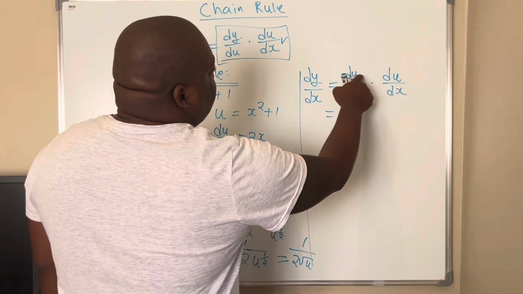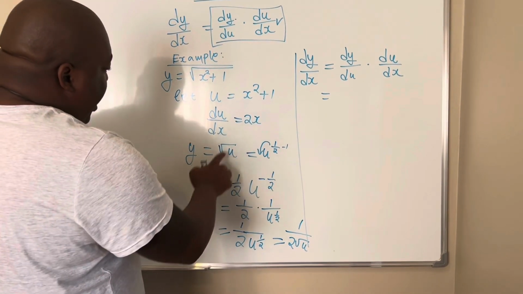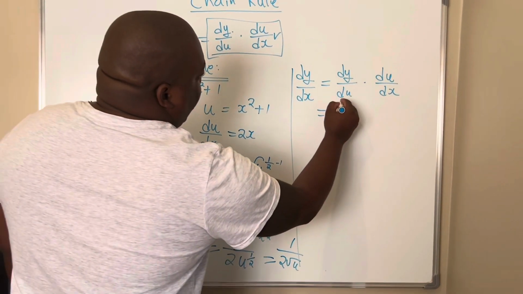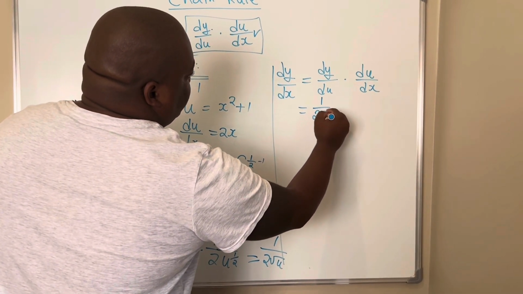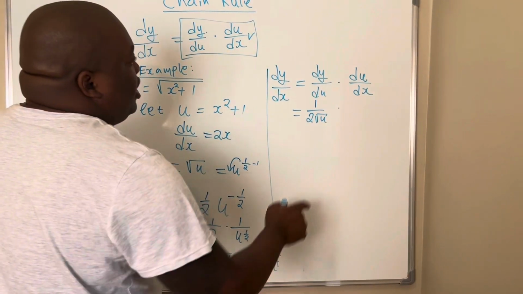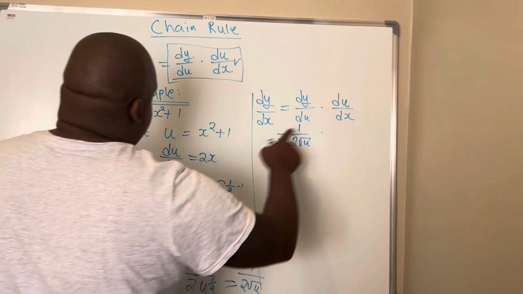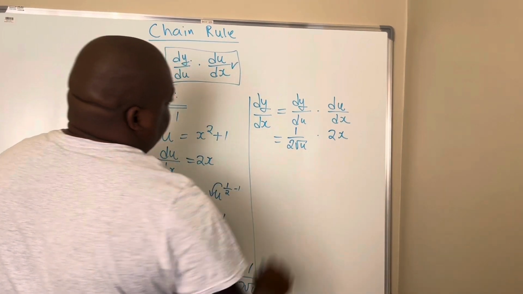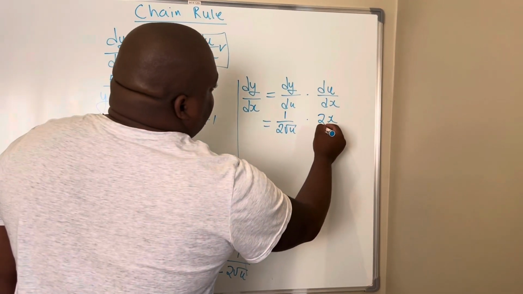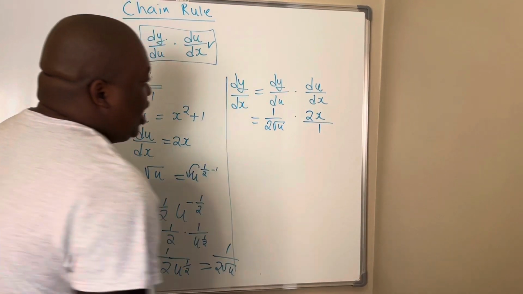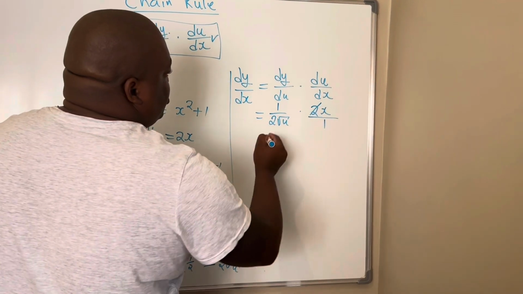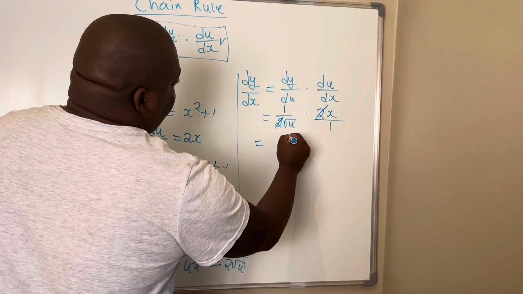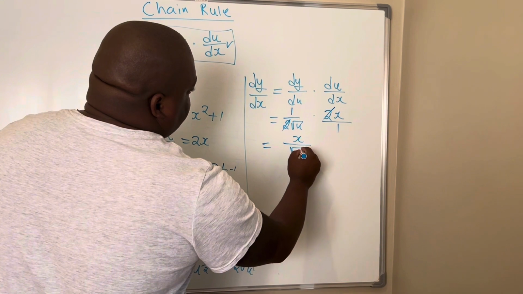Now what is dy du? dy du is what we found here, which is 1 over 2 square root of u, times what is du dx? du dx is equal to 2x. Now you can see this is the same as 2x over 1, which means this 2 and this 2 can cancel out, which then gives you x over square root of u.